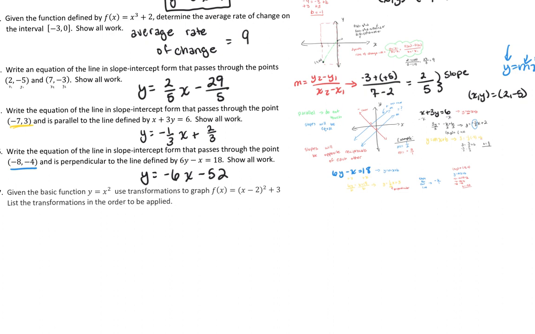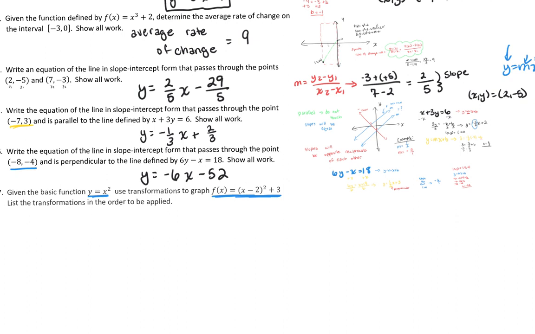Alrighty, so now we're gonna take a little turn and talk about transformations of graphs. So if we have a graph y equals x squared, and we are going to transform it to become f of x equals (x minus 2) squared plus 3, we need to see what transformations are applied, right?